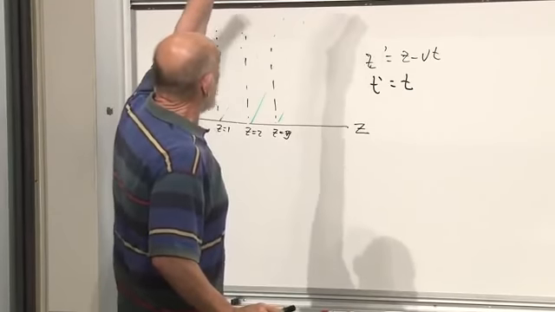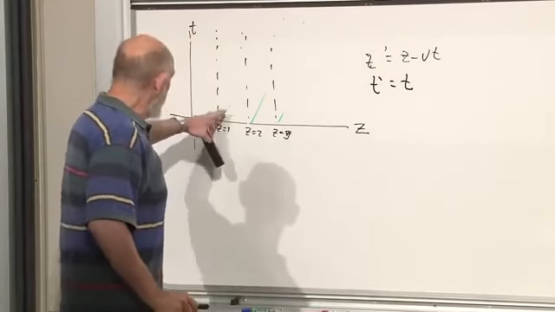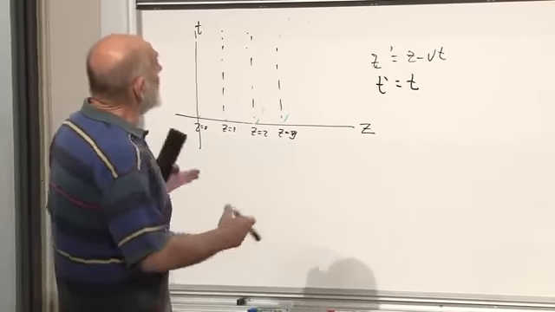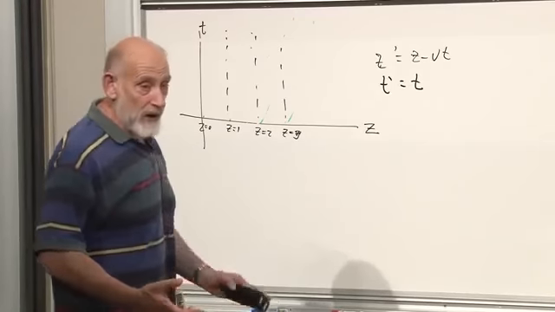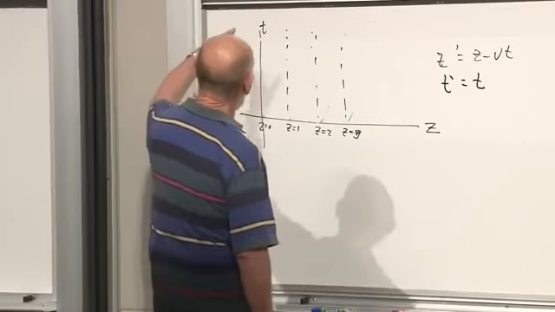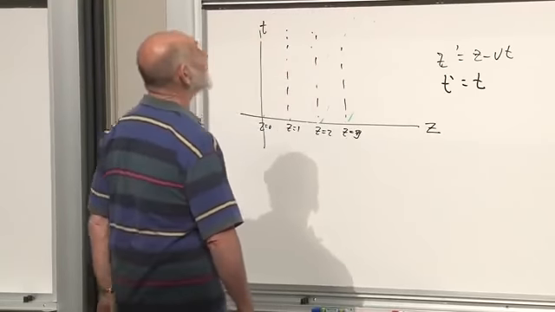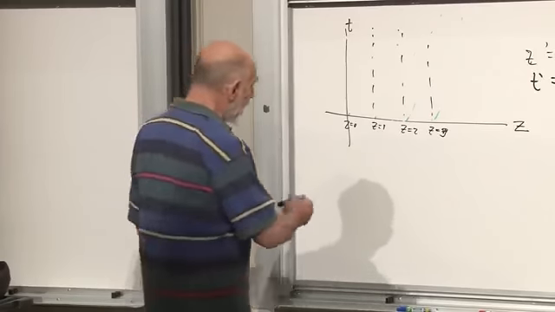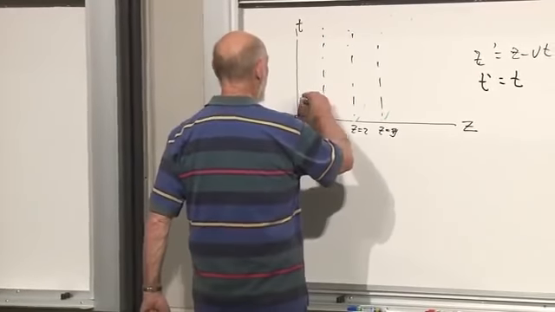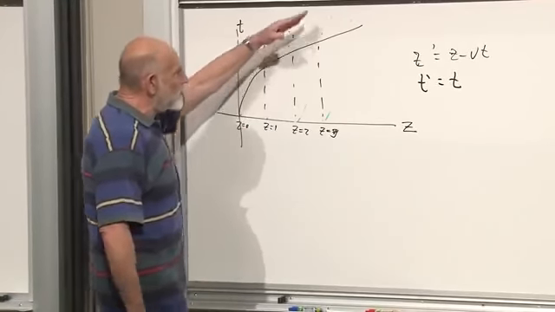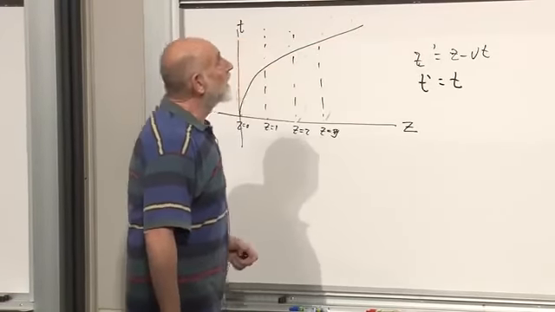So let's look at z prime equals 0, the trajectory of the origin of the z prime coordinates. That's the same as z equals 1/2 gt squared. That's a parabola, a parabola lying on its side. So it looks like this. That's the trajectory. It's accelerating. It's going faster and faster and faster.